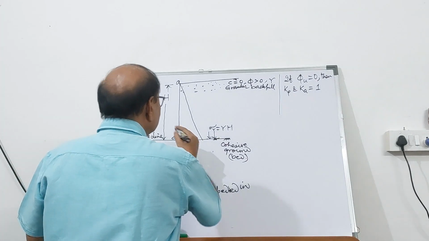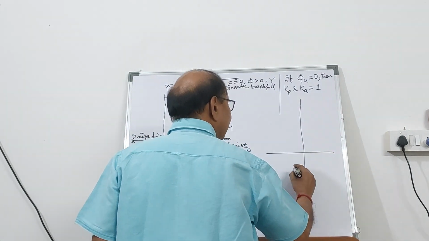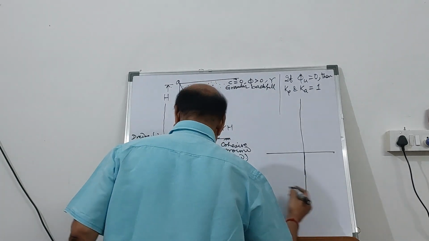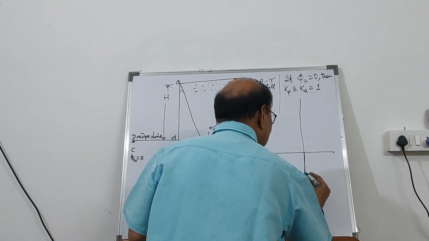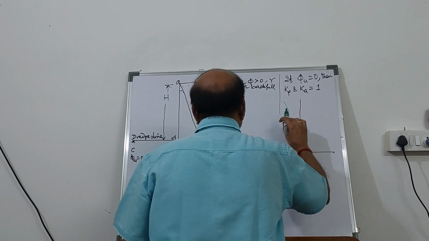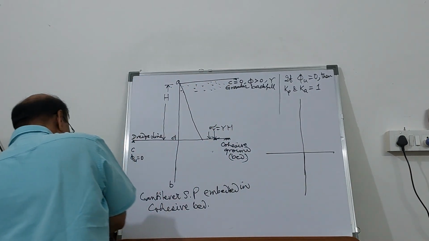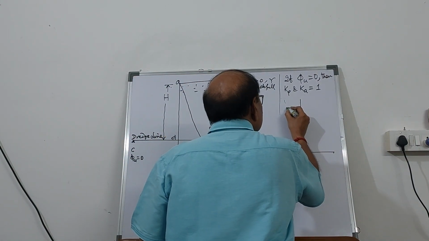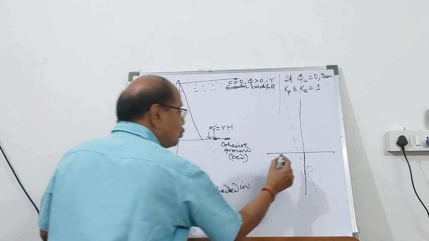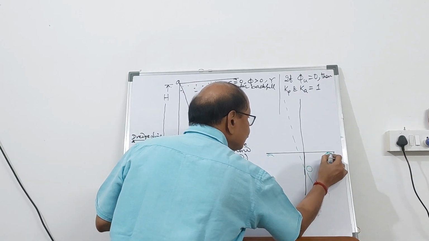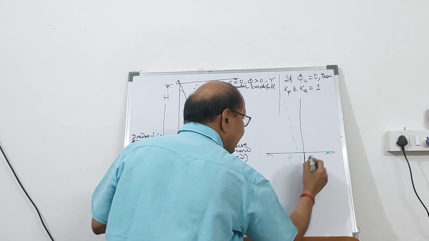So, how is this going to rotate? My cantilever sheet pile, which is embedded in cohesive bed, is going to rotate, or the deflection pattern is going to be something like this, about point O. So in this zone, below the dredge line, here it is going to be passive, and this side it is going to be active.